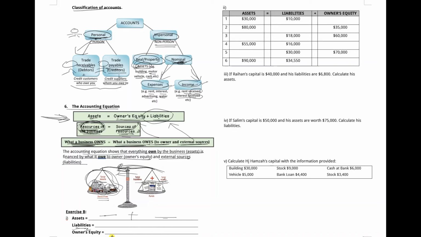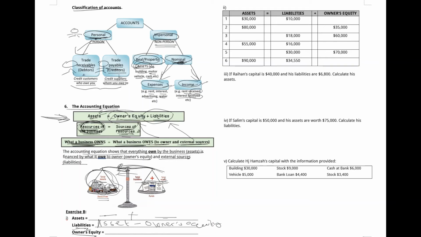Okay, yes. So if you are being asked to find the liabilities, this one you will move over. So it becomes assets minus, this is plus, right? When you move it over, it becomes minus: assets minus owner equity. Now if you are being asked to find the owner equity, how should the accounting equation be now?